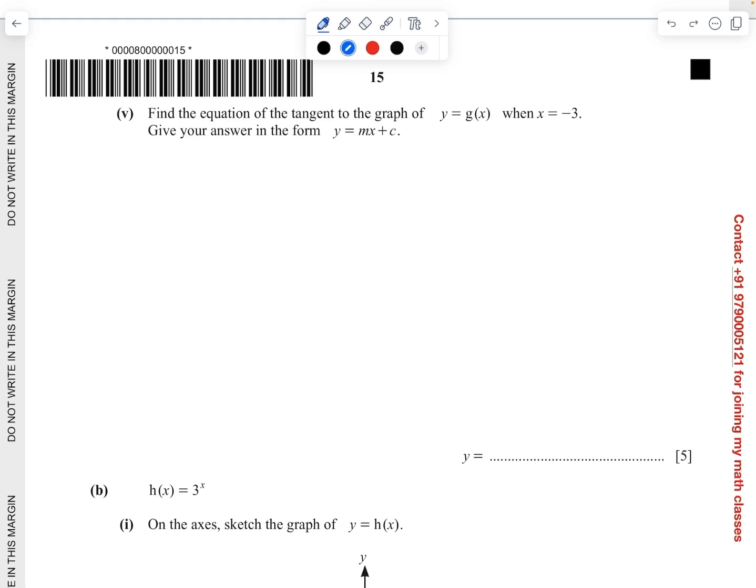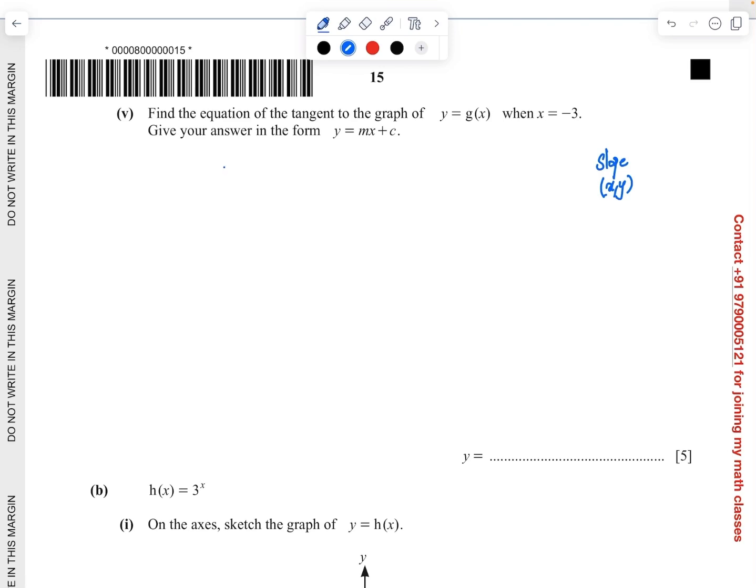So the tangent is a line. So we need to know two things. One is the slope of that line at that point, and then the coordinates through which it is passing. So now first let's get the slope.